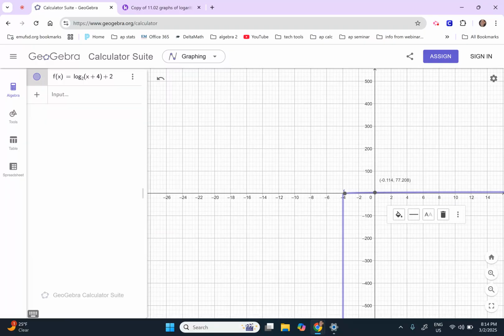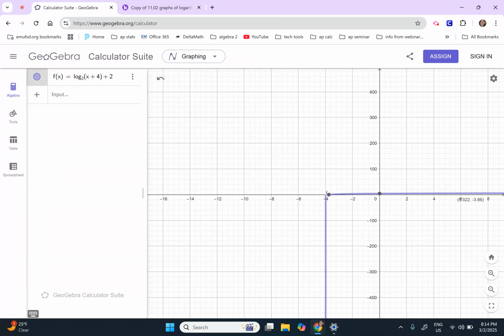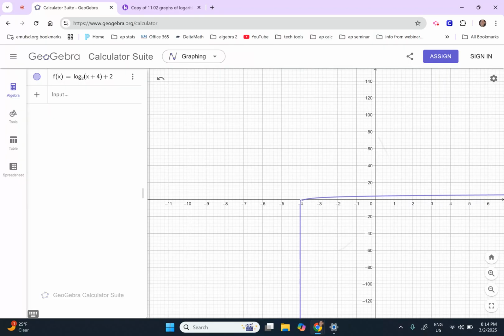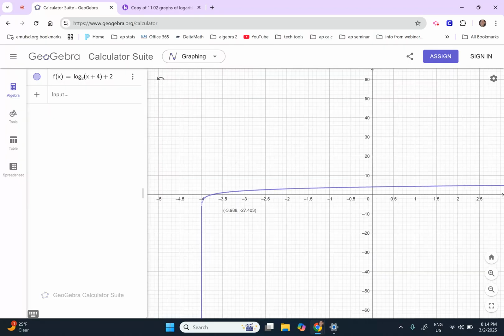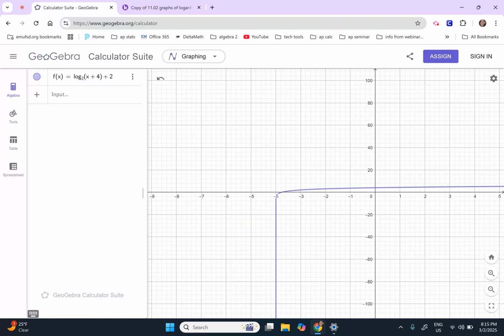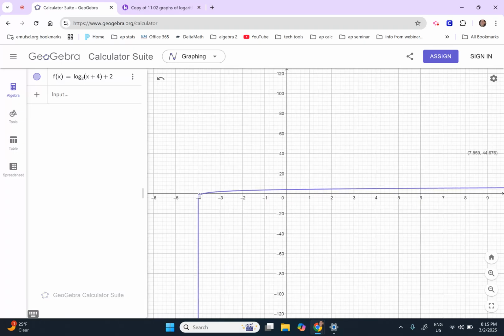And we want to change that window a bit so we can see the function a little bit better. You can't actually see the asymptote. It's a guideline, so the function approaches it without ever crossing it. And let's see if we can get a better hold of what that function looks like here.